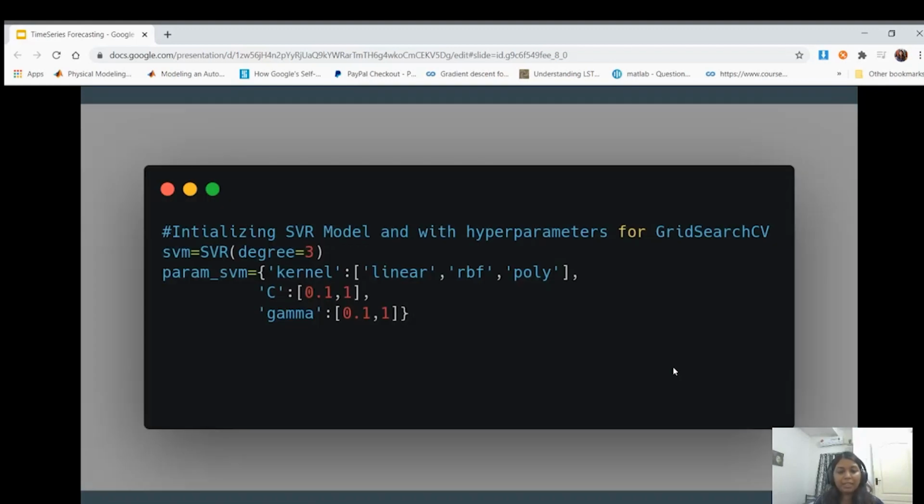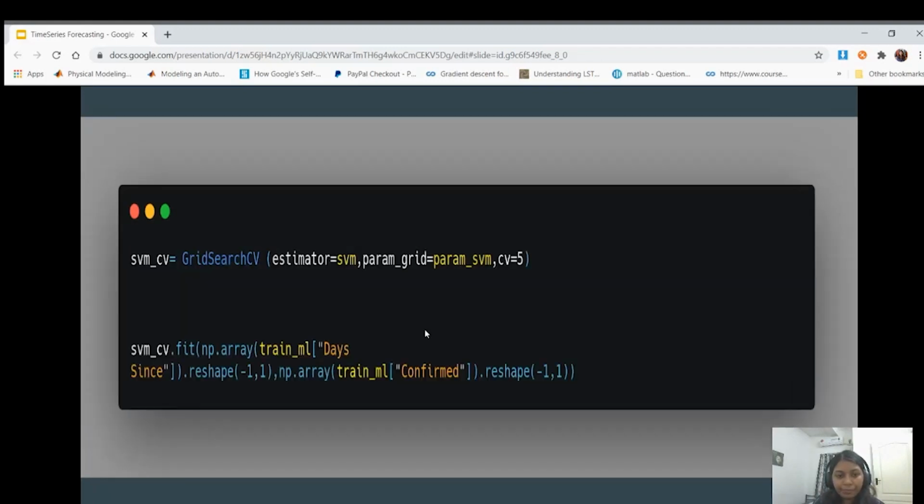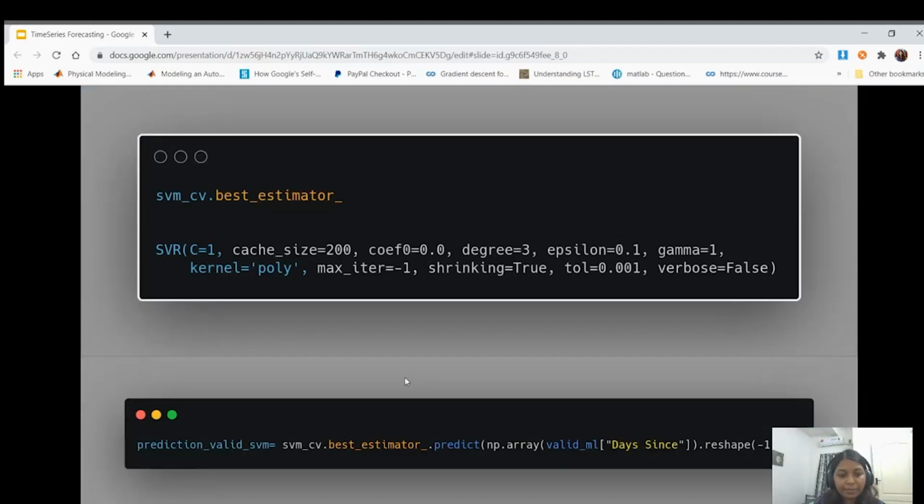So let's see if it improves the accuracy. First, we import the mapping. You will set all the parameters here in the param grid for SVR. You will call grid search for describing your estimator and your cross validation. Now we are trying to fit the train and validation data sets.